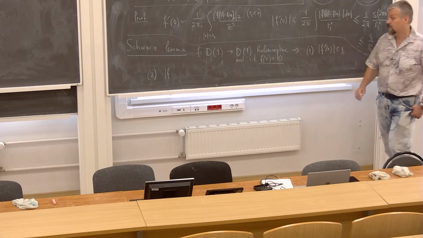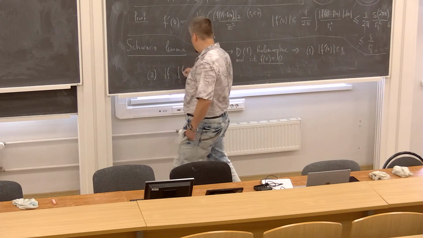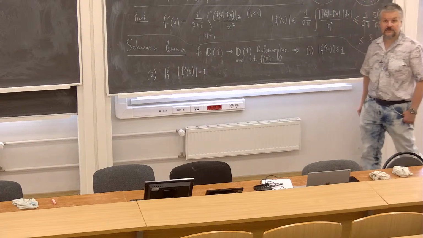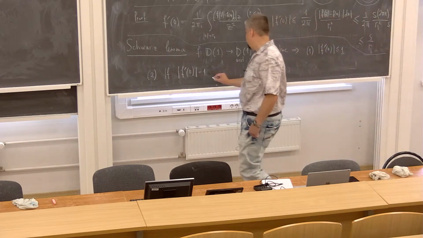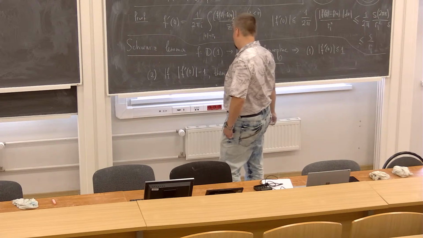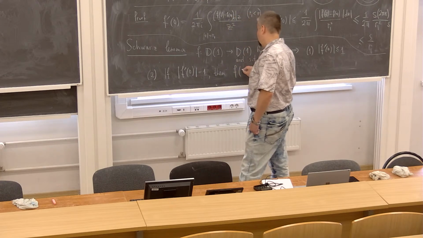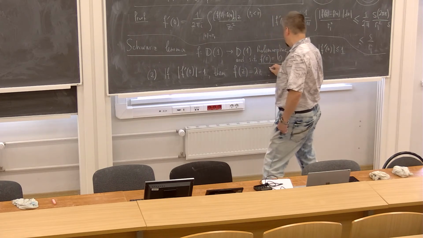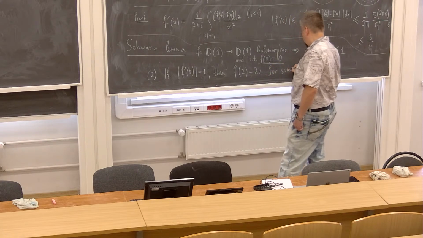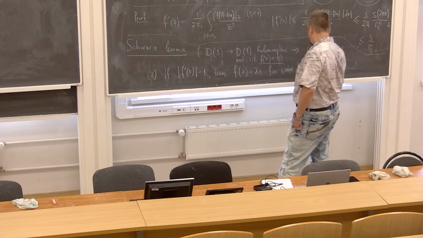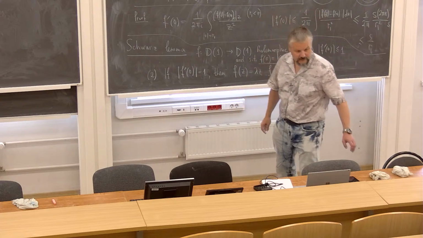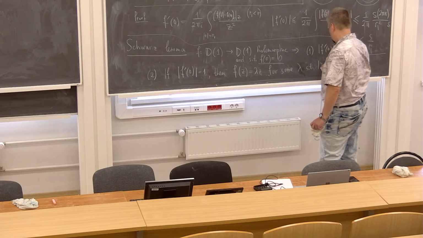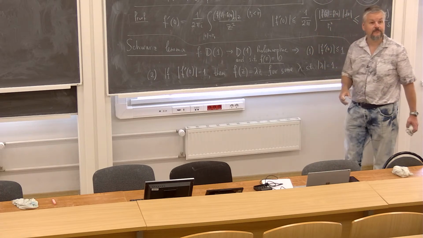If the modulus of f prime of 0 happens to be exactly 1, then we can say much more, namely, then f of z is just lambda z for some lambda in the unit circle, for some lambda such that modulus of lambda is equal to 1. So it's just rotation.